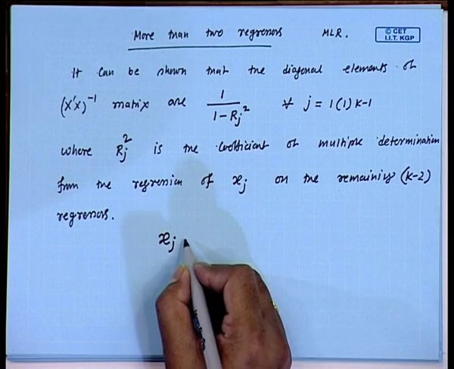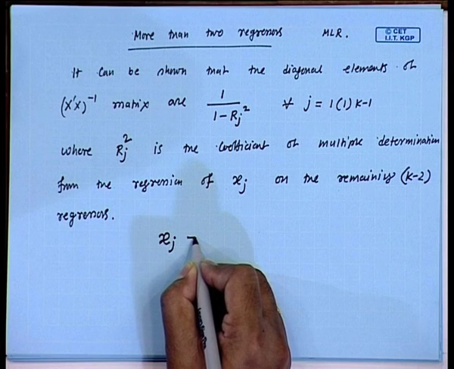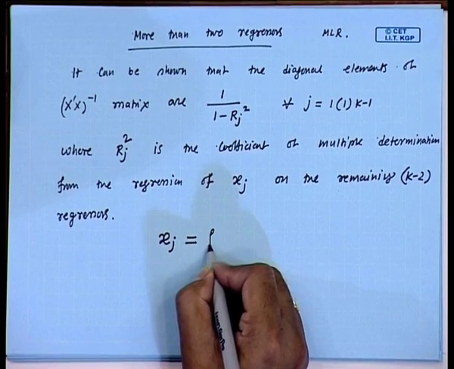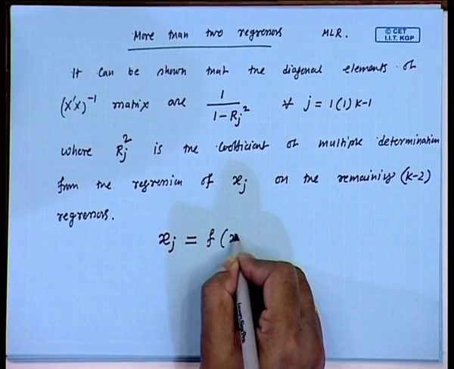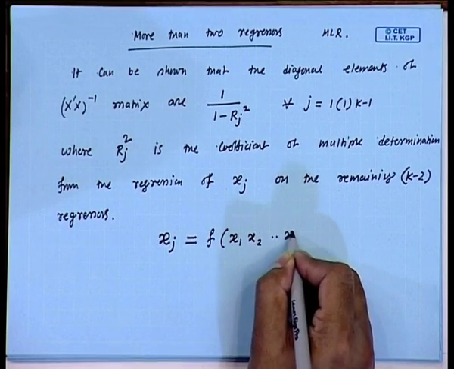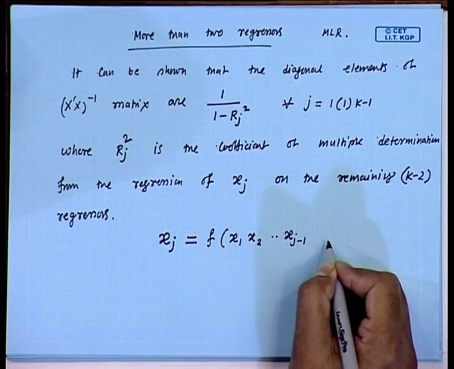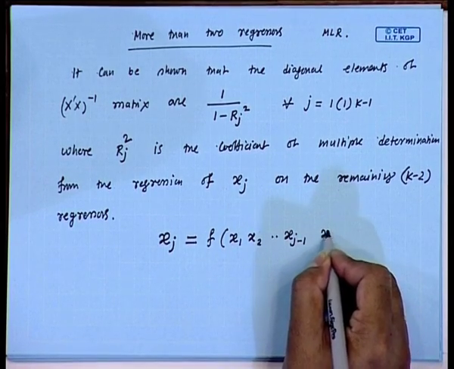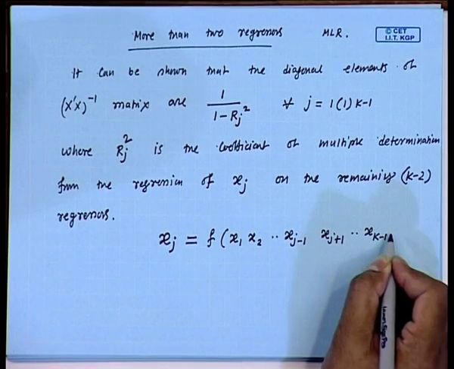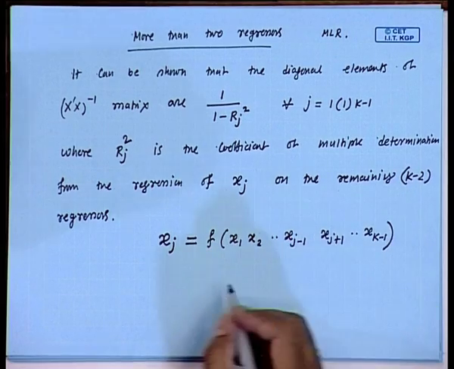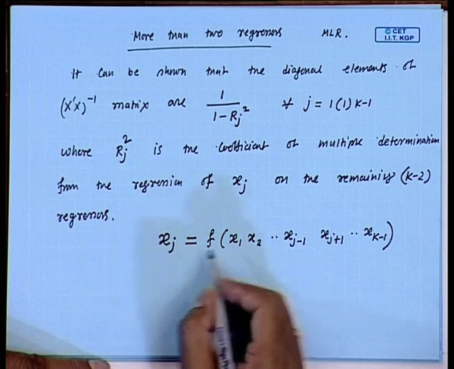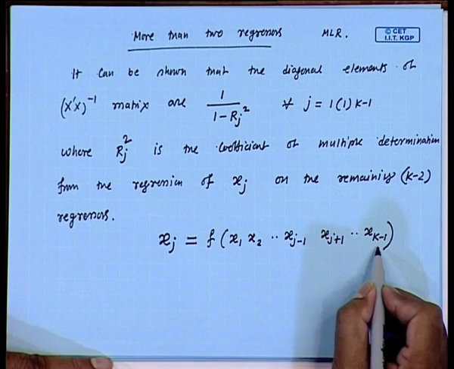So here you express Xj in terms of the remaining regressors, say X1, X2, up to Xj minus 1, Xj plus 1, up to Xk minus 1. So the model tries to express Xj in terms of the remaining regressors.